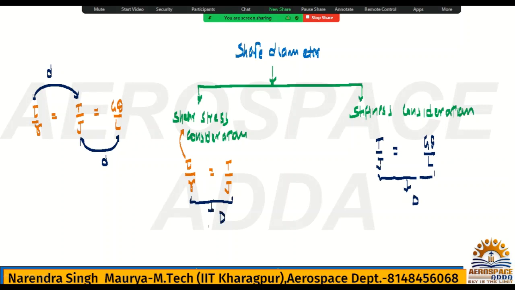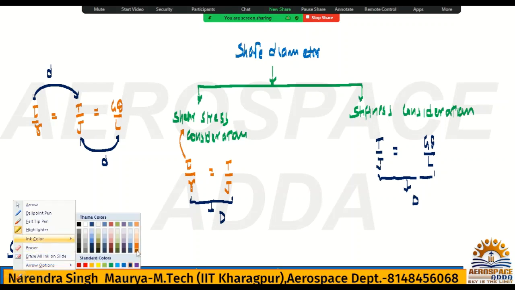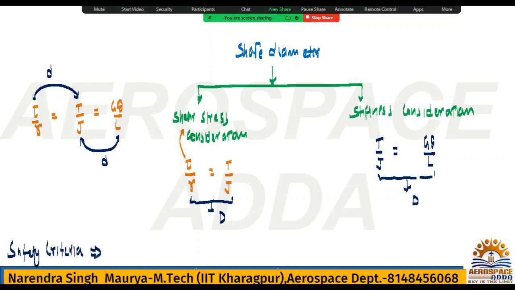So what is the safety condition? What is the safety criteria? Remember, if a question is asked based on this, what is the safe diameter or the safety criteria for the shaft in terms of diameter?